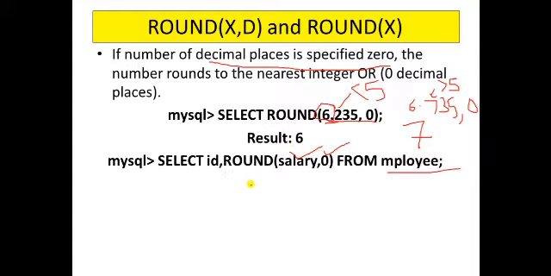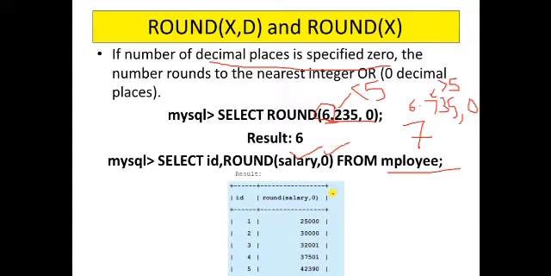Sometimes we don't want to see the decimal part or the paisa, so we can round off the column value by writing the column name in the first parameter of the round function. So see, this is the output. It has removed the decimal part of the salary of all employees, because this is a single row function. It has executed on each and every row separately. I hope the round function is clear to you all.